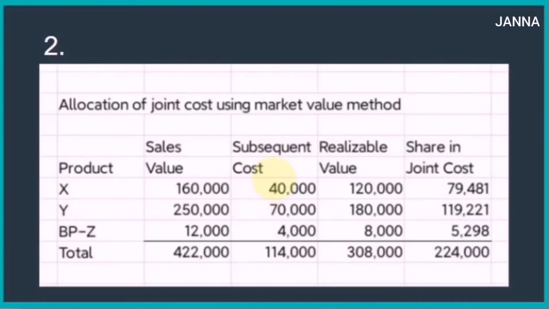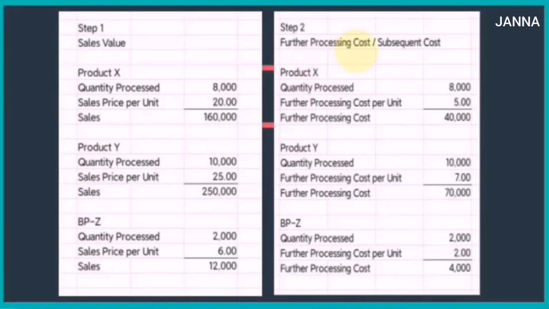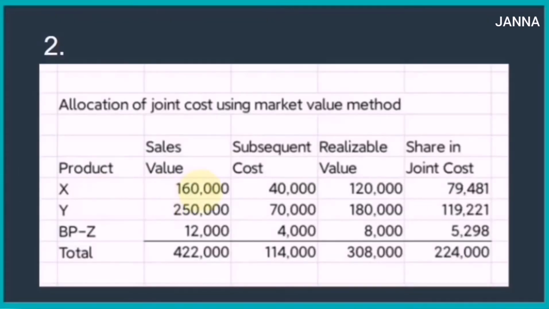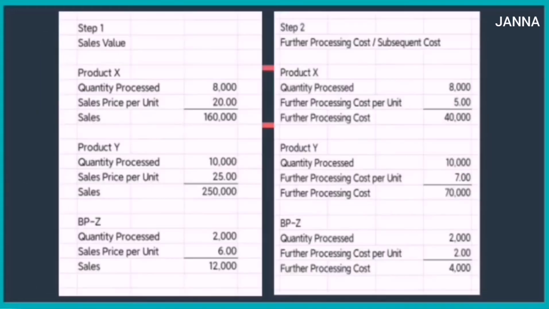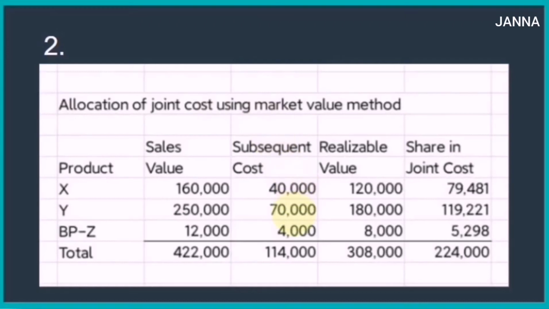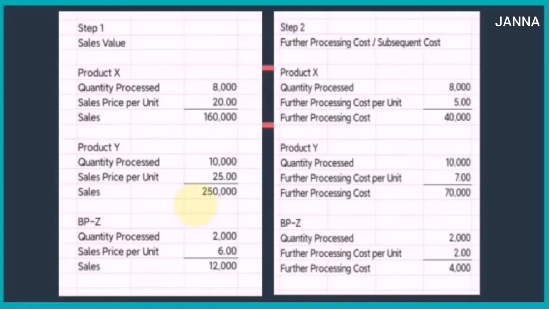Then, second step is the subsequent cost or the further processing cost. For product X, 40,000: quantity processed, 8,000, further processing cost per unit, 5 pesos. For product Y naman, 70,000 pesos: quantity processed, 10,000, further processing cost per unit, 7 pesos.